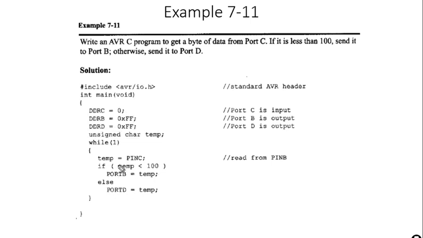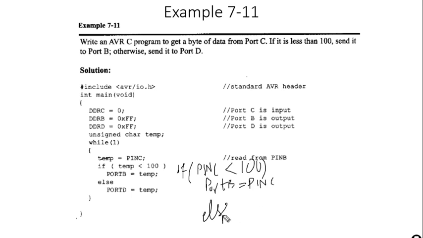The code can again simply be done without the temp variable. We could have written: if pin C is less than 100, port B is pin C, and else port D is pin C. The only difference between this version and the version in the example is that in the example, we read the value from pin C just once on each iteration and decide on the value which is read.